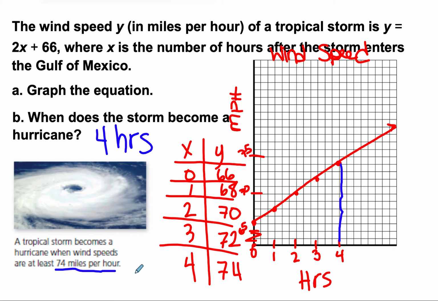It says a tropical storm becomes a hurricane when the wind speeds are at least 74 miles per hour. So I can see at 4 hours, that's where it's going to be 74 miles per hour. When I went up to 4, that's where the 74 was. That tells me that the storm becomes a hurricane at 4 hours.